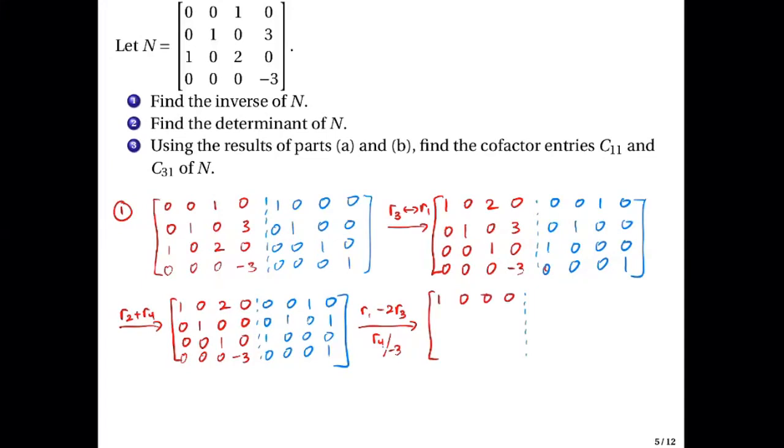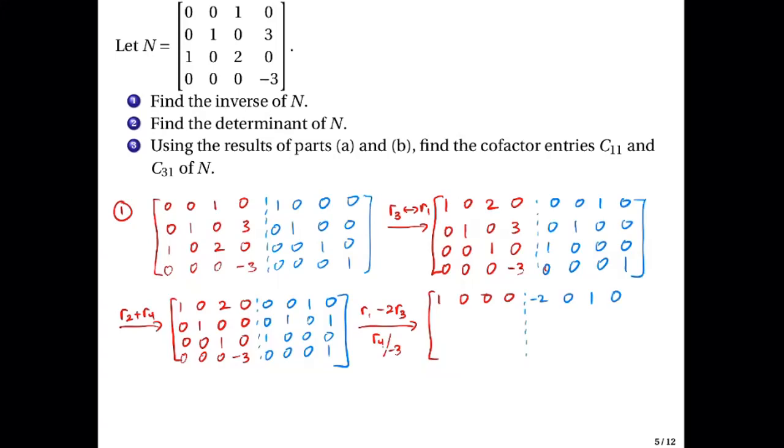And then we have 0 minus 2, so that will become negative 2. Then 0 minus 0 is still 0, 1 minus 0 is 1, and 0 minus 0 is 0.